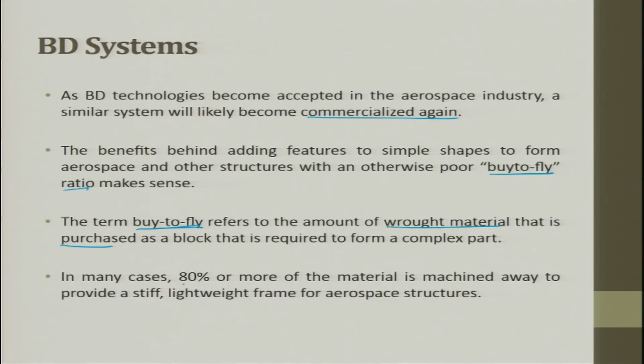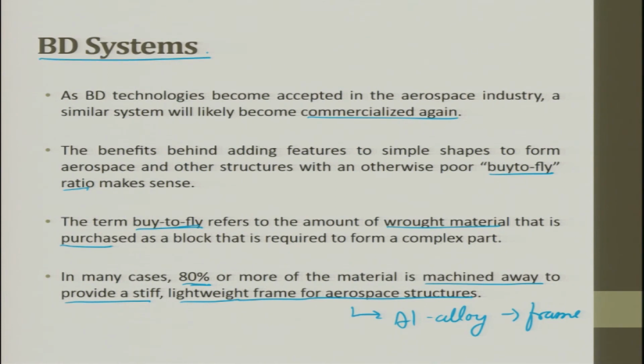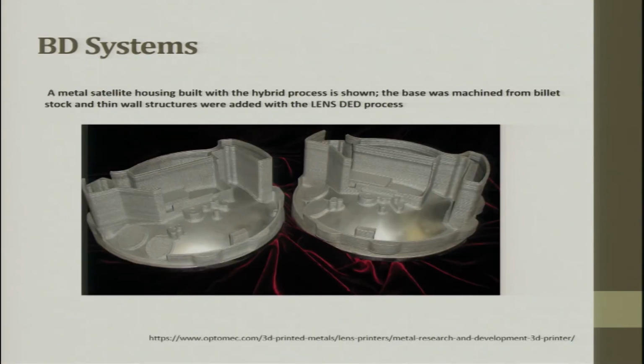In many cases, 80% or more of the material is machined away to provide a stiff, lightweight frame for the aerospace structure. This is what happens with aluminum alloys for frames: we remove 80% of the material. So, now by using this beam delivery system, direct deposition, we can try to make energy efficient aerospace materials.